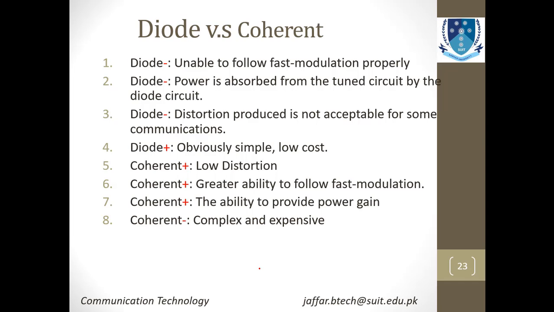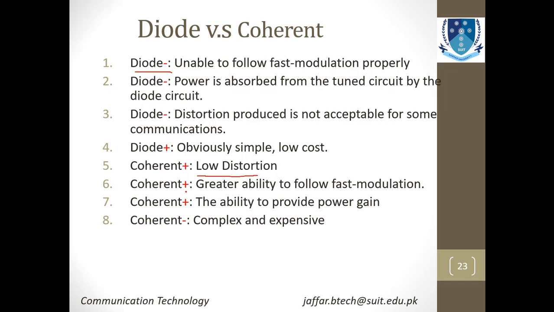When we talk about the coherent demodulator, the first pro of this coherent demodulation is low distortion. The signal is less distorted as compared to the diode. The second pro is that it provides a greater ability to follow fast modulation, which was not there in the diode demodulation.